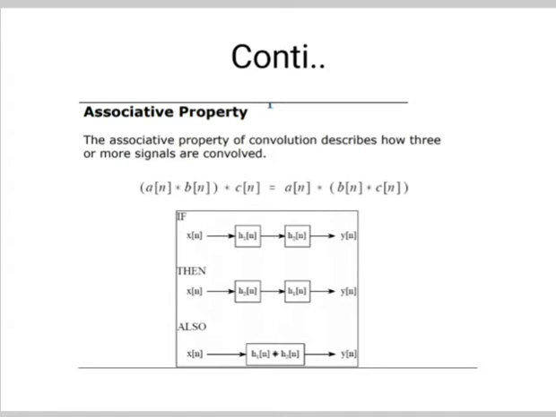Next is the associative property. The associative property of convolution describes how three or more signals are convolved.